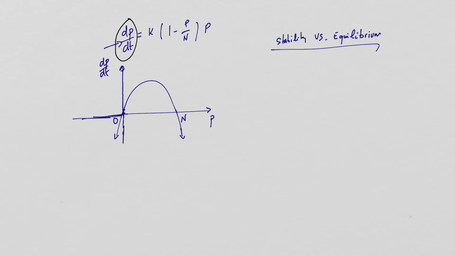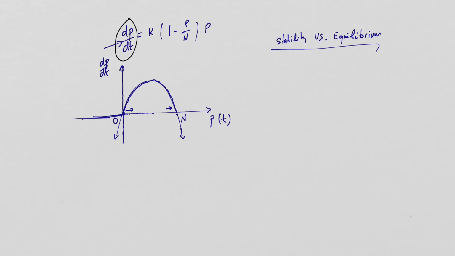If the population is between 0 and n, clearly dp/dt is more than 0. And if dp/dt is more than 0, because it's above the x-axis, right? dp/dt is more than 0 when p is between 0 and n. That means the population has to increase. So anywhere where p is here, the population has to increase. So that's why I put the arrows to the right.